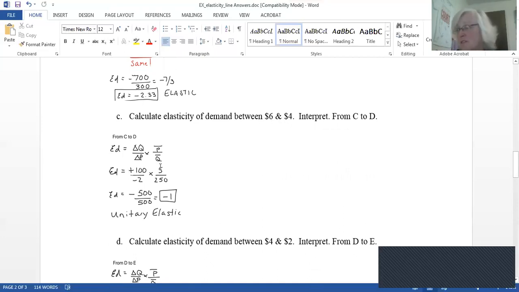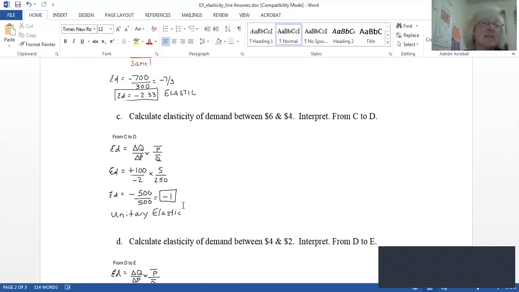So my average price is 5, right? And so then my average quantity in this case is between 200 and 300. So my average halfway between 200 and 300 is 250. Multiply the top, multiply the bottom, and I get negative 500 over 500. Well, that's negative 1, and that is super duper cool because that is now unitary.